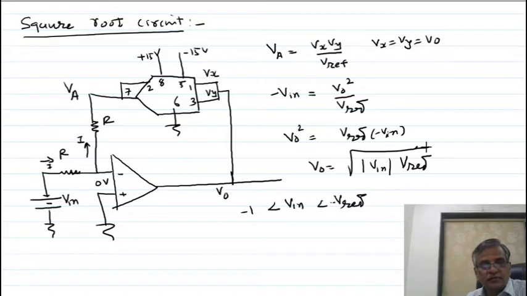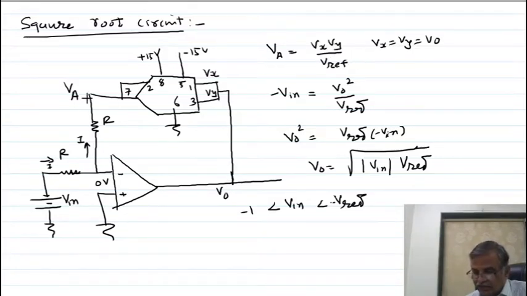Last time I am telling you, the divider circuit can be used to find the square root of any number by connecting two inputs of the multiplier IC with the output of the operational amplifier as shown in figure. So in this figure, Vx and Vy are connected to Vo, so I can write this equation.